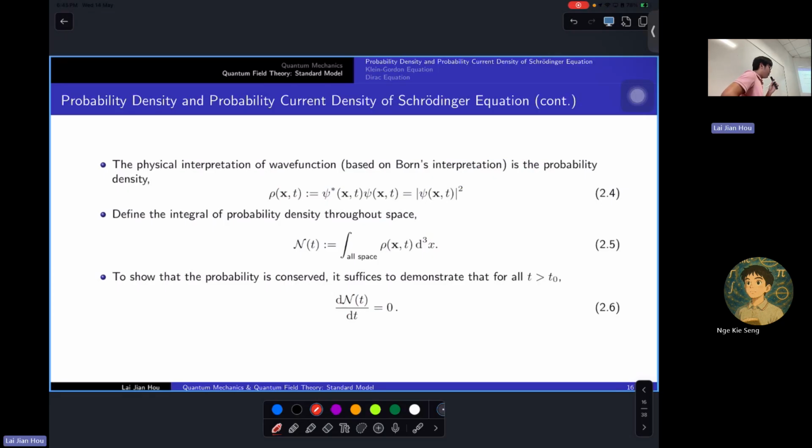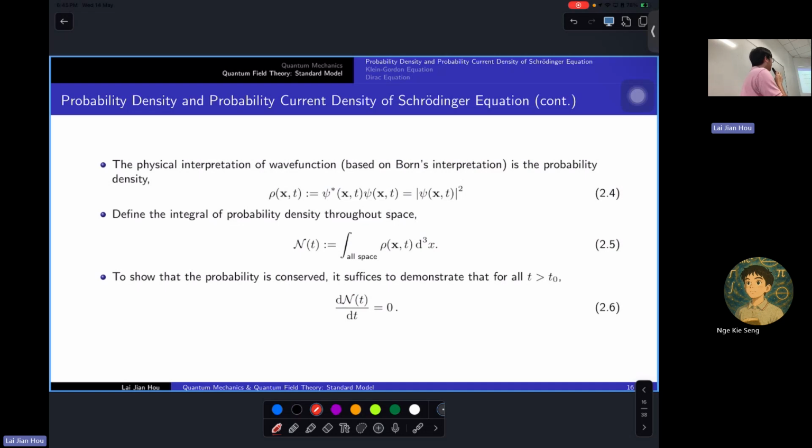We recall the interpretation of the wave function. Just now we had one physical state, and taking the inner product of it with itself gives the probability density. So we define the integral of the probability density throughout the space as N. We want to show that the probability is conserved.